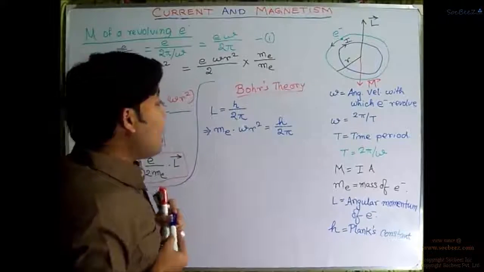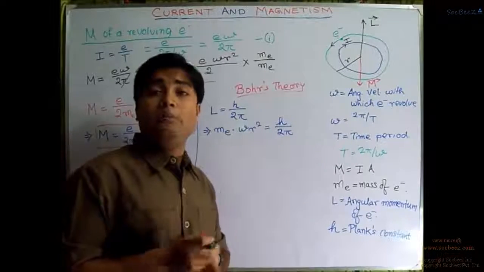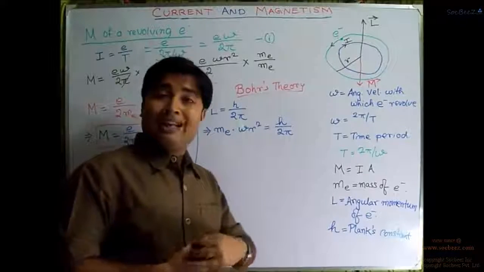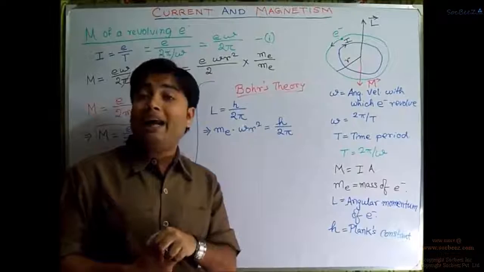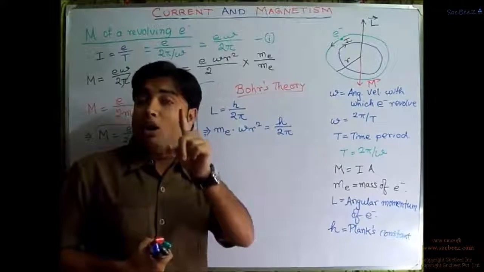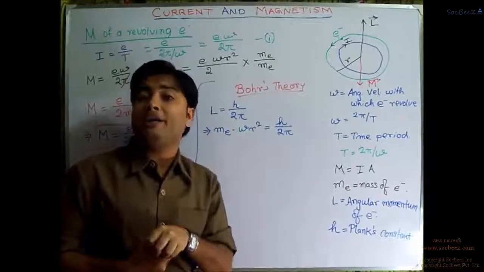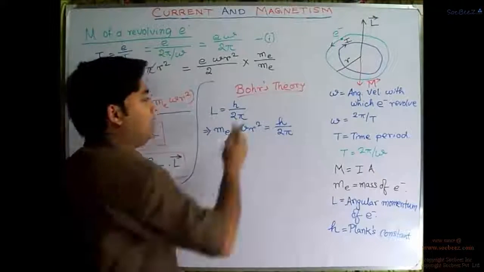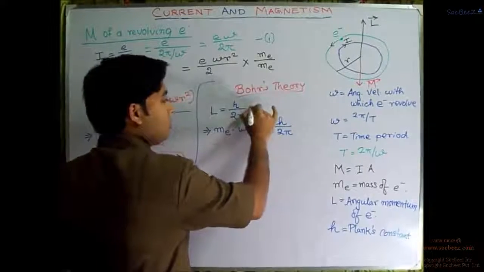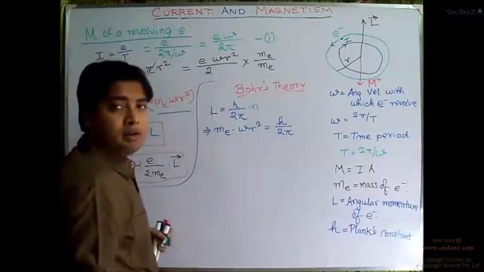Right? Now it has been told in Bohr's theory that this angular momentum will be an integral multiple of h divided by 2 pi, which means that we need to multiply it by n.